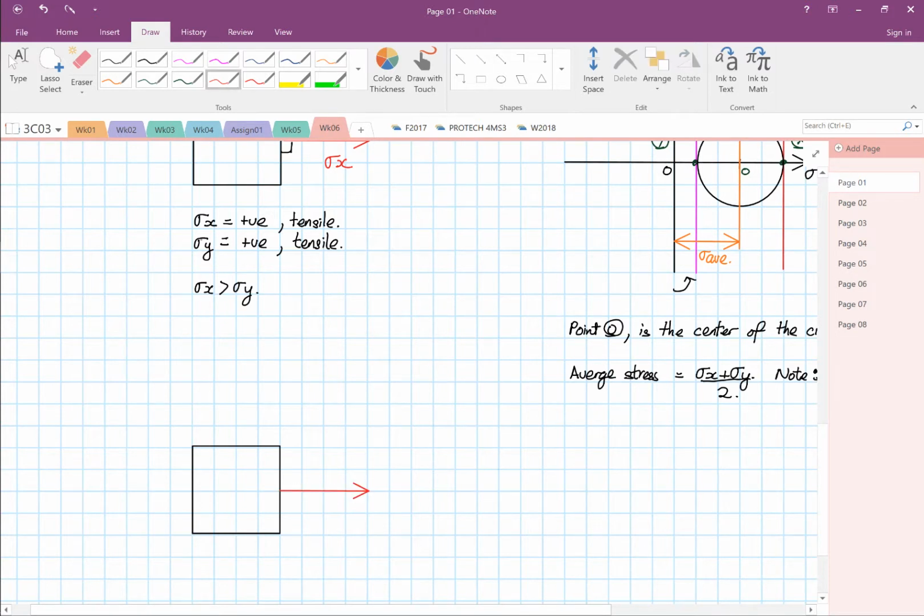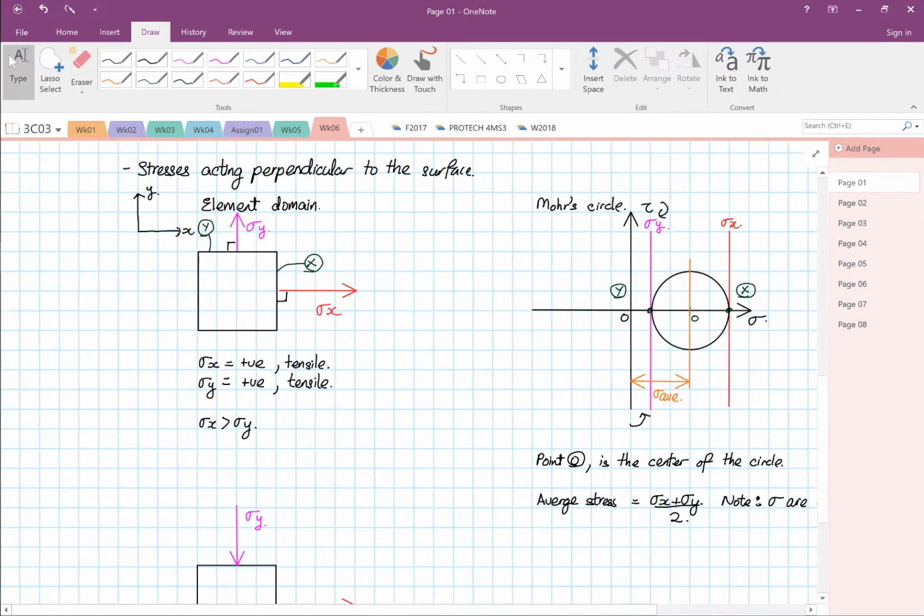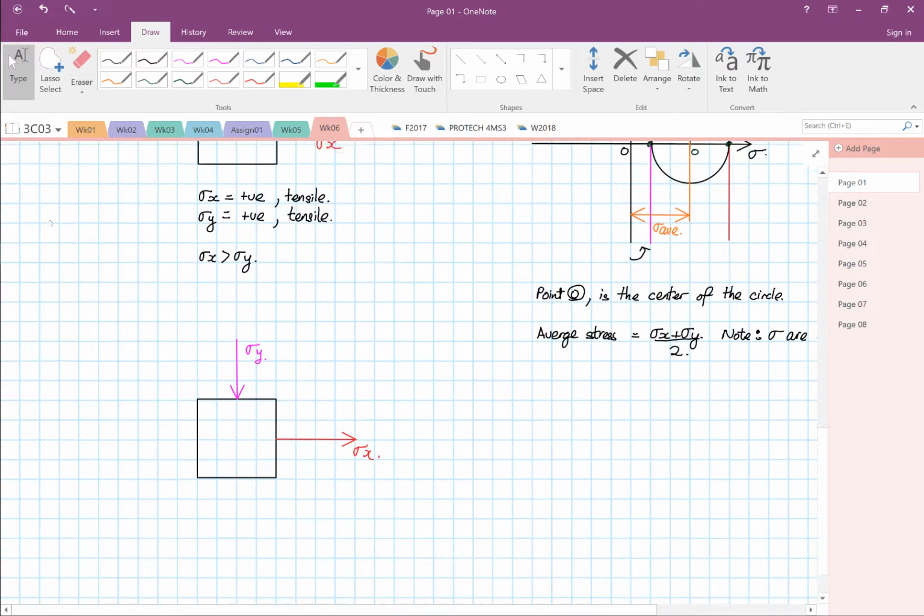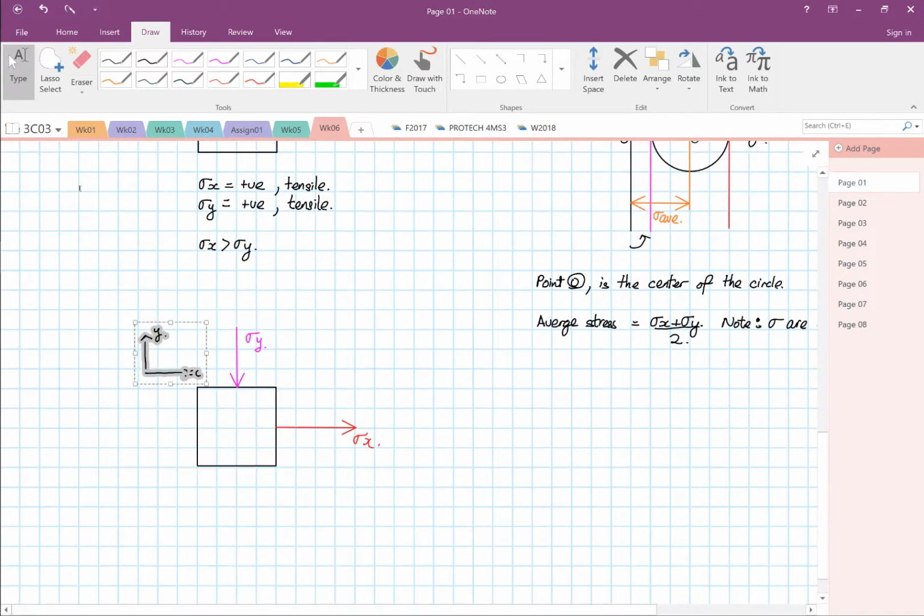So this is our stress X, and then our stress Y, I'm going to reverse the direction. So this is our stress Y, and the transformation is the same, so I'm going to copy our transformation. The transformation did not change.